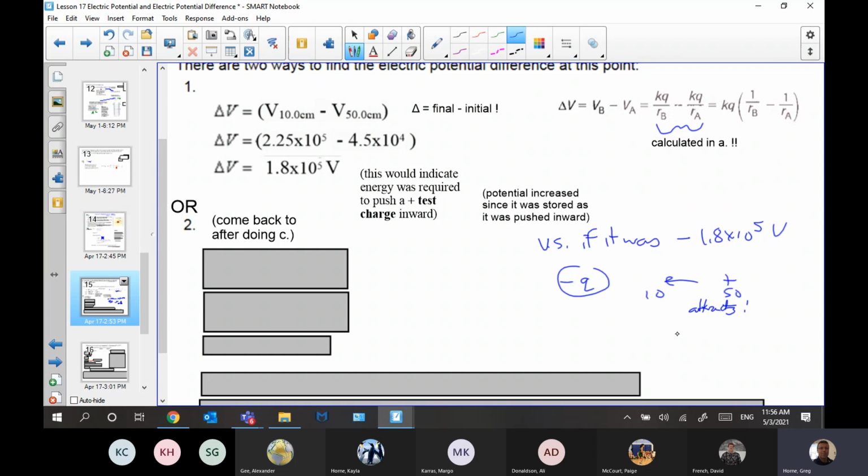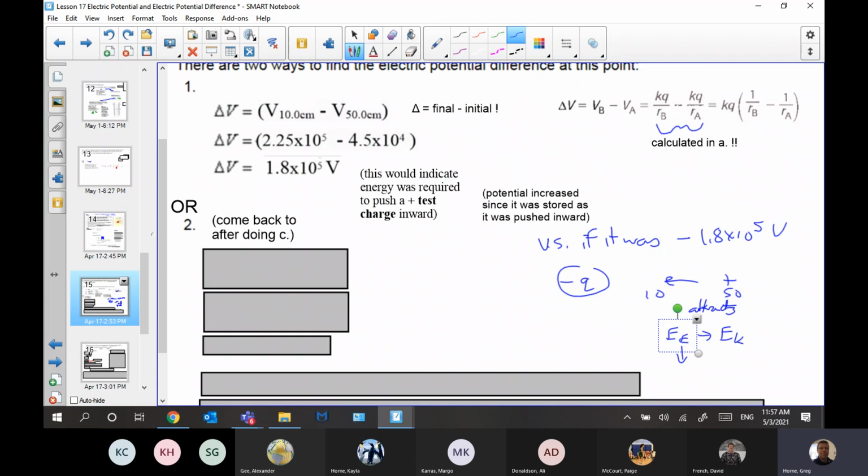So EE would transfer to EK. So in other words, this one would decrease, of course, right?